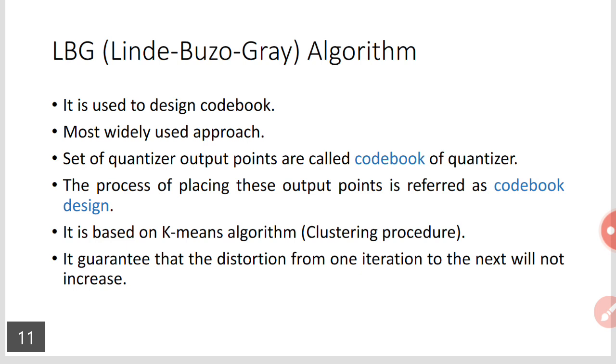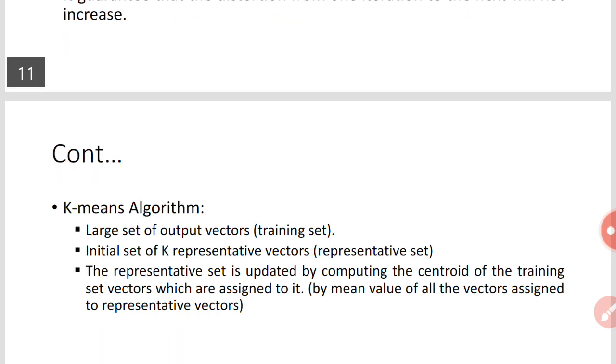K-means was developed for pattern recognition in data mining, where it groups objects into clusters so that the similarity between objects in one group is high and the similarity between objects in different groups is lower. Before discussing the LBG algorithm, we will discuss the K-means algorithm.